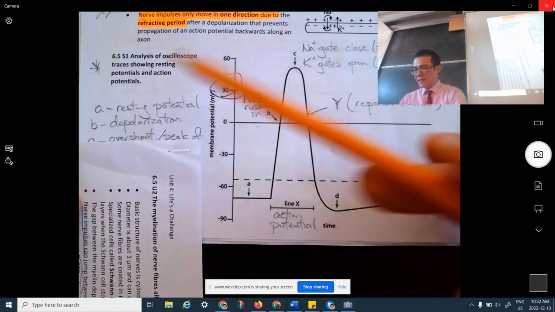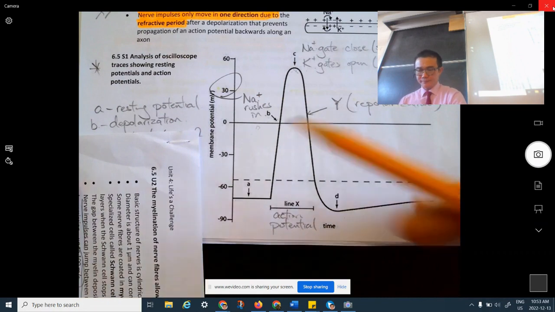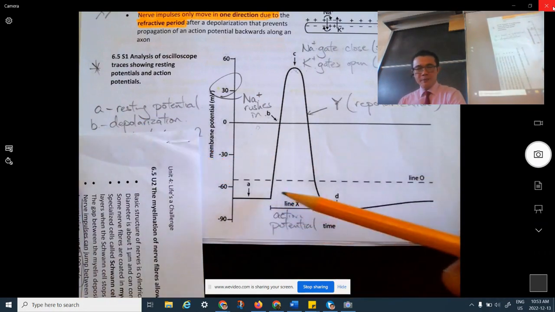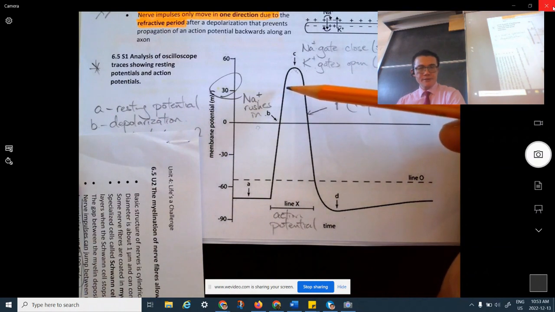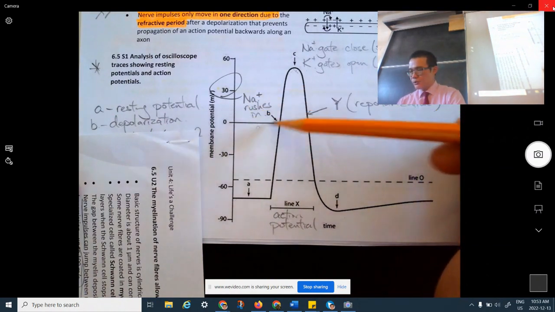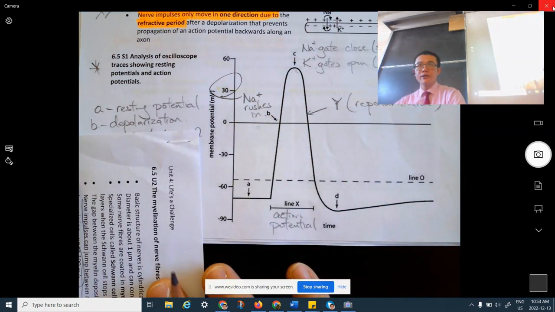So it is an expected question. Resting potential, then depolarization, that's when sodium ions rush in. Are we good?